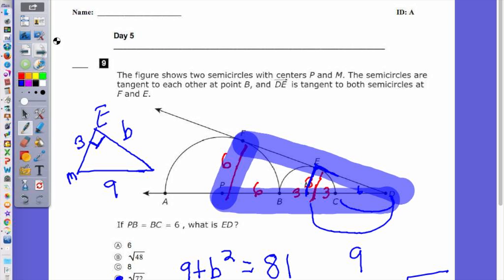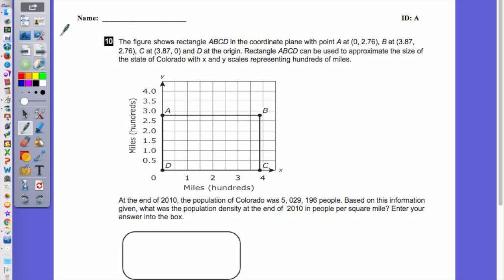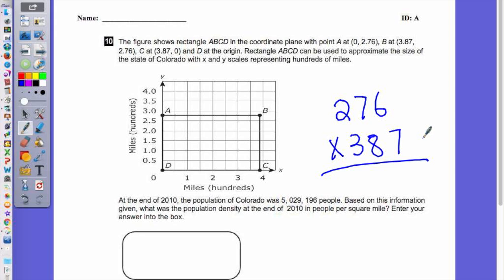Number 10. Okay? 2.76 and 3.87 in hundreds, right? So that's 276 miles high and 387 miles wide. That gives me a total area of, I have it written here, 10,432,800.